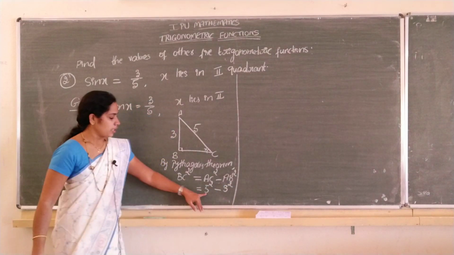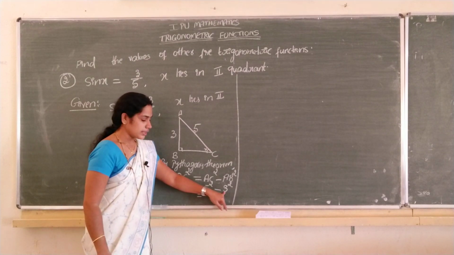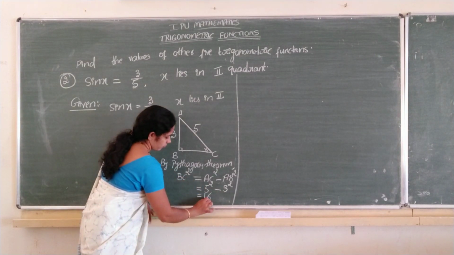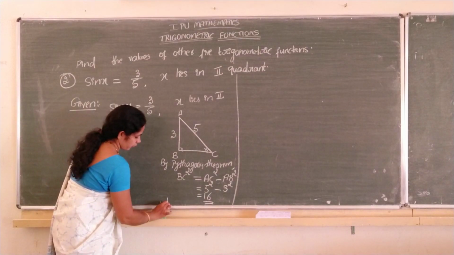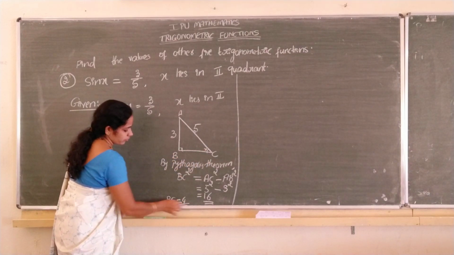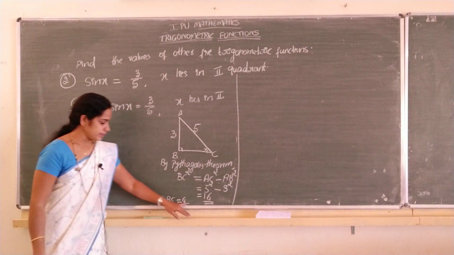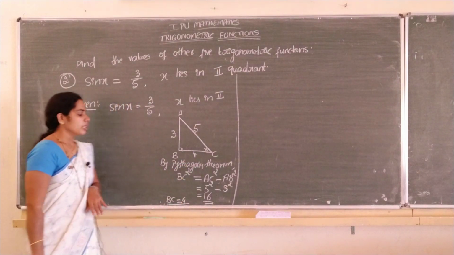Correct? 5 square 25 minus 9 is 16. BC square is 16. Therefore, what is the value of BC? Root 16, that is 4. So I can write 4 here.